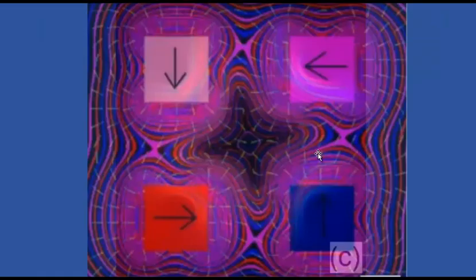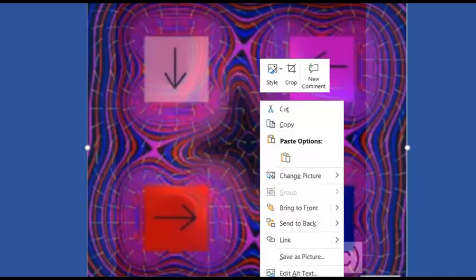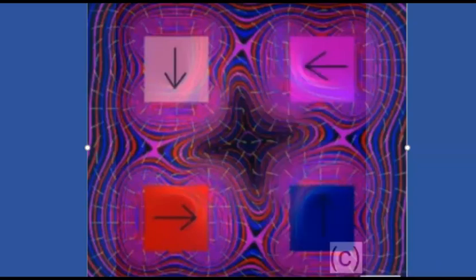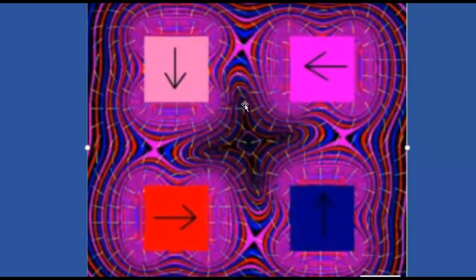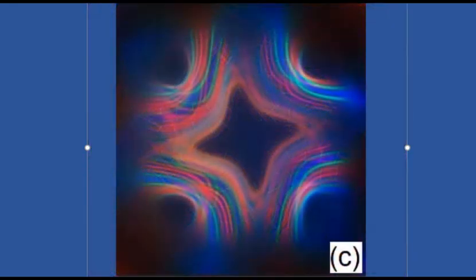The next one is also interesting. I can format the picture, do transparency on that one, and you see that this shape here does match up very nicely with this shape here.